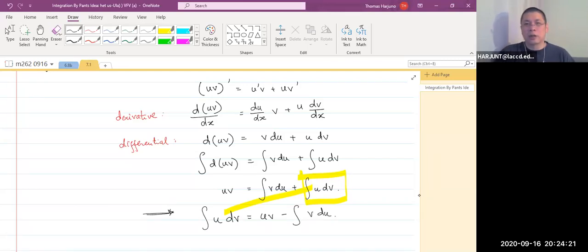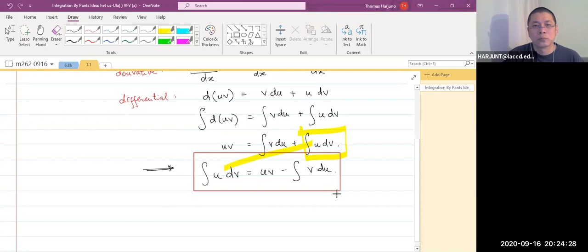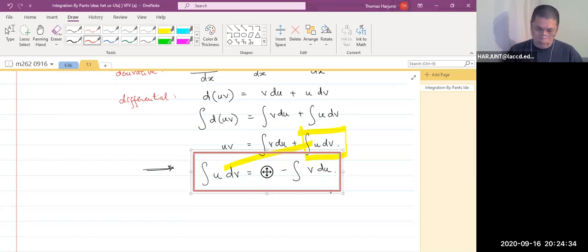That's our integration by parts. Now, the ability of integration by parts opens very big doors to a lot of other integrations possibly done.